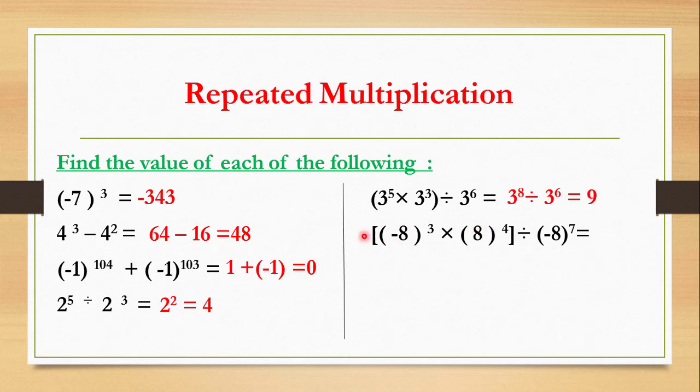So negative 8 to the power 7, divided by, also here negative will be outside because we have an odd power, negative 8 to the power 7. So the result will be 1, the same number. We are dividing the same number, or we will subtract the powers, and negative 8 to the power 0 will be 1. Remember, any number to the power 0 is 1.